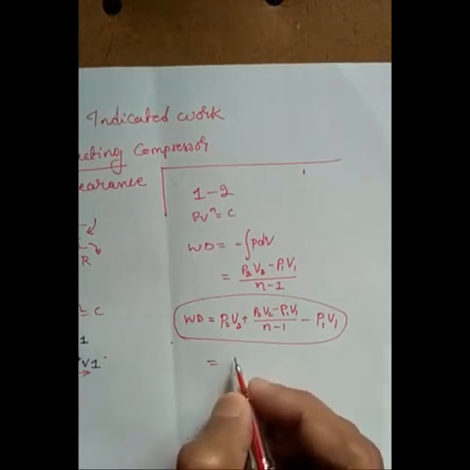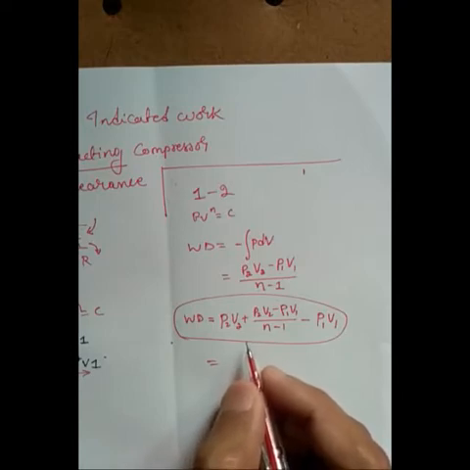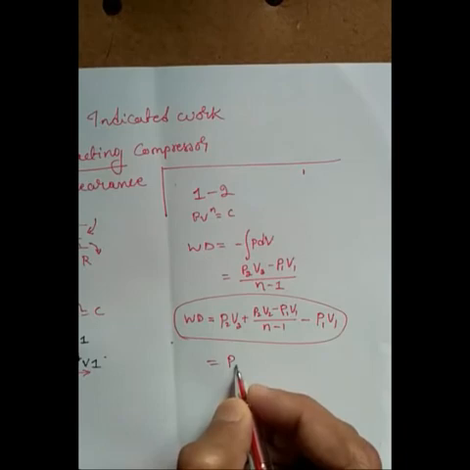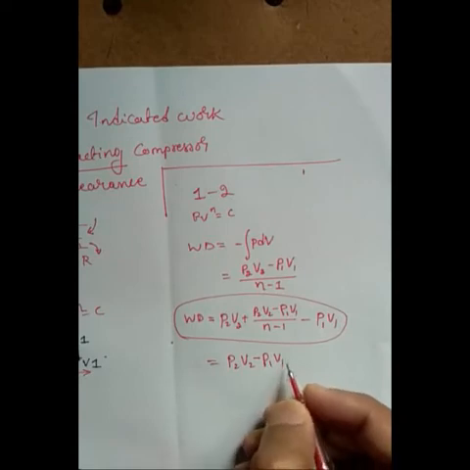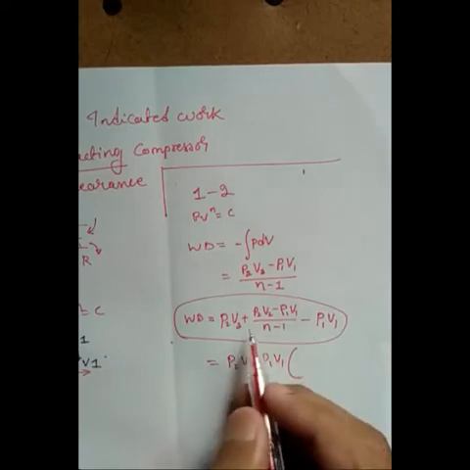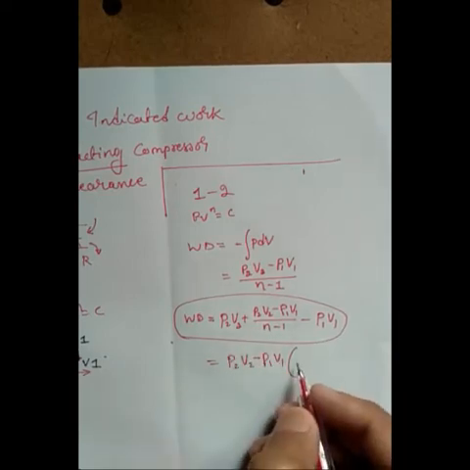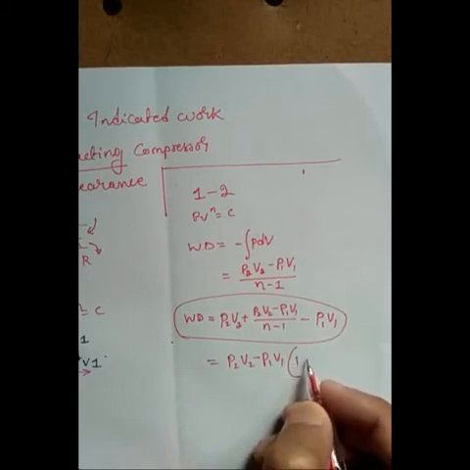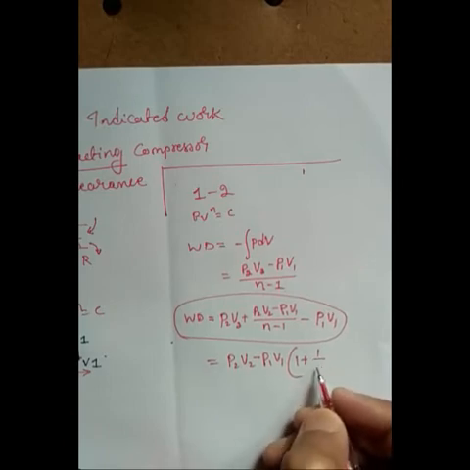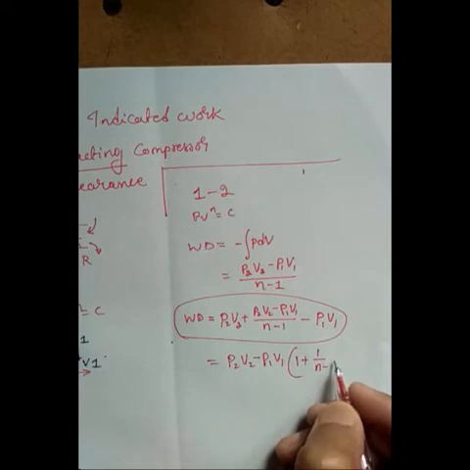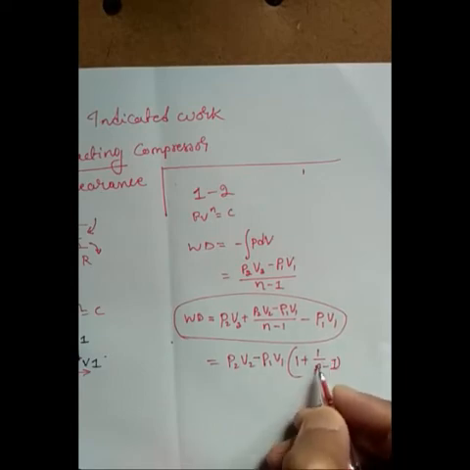It can be written as, we'll take P2 V2 minus P1 V1 as common. So we'll take it common outside, then it becomes 1 plus 1 by n minus 1.